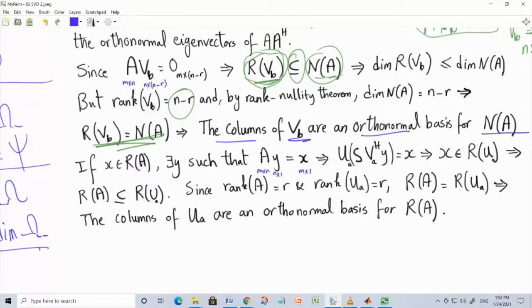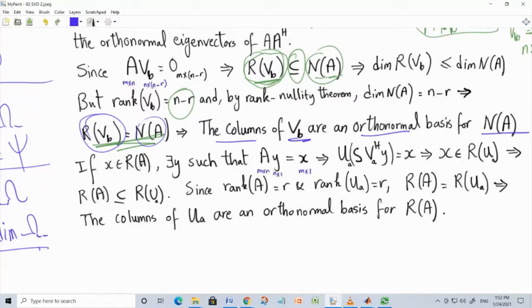Those are an orthonormal basis for the null space of A. Those singular vectors are not just singular vectors, they play a very important role. Here again you see that the range of VB is equal to the null space of A.